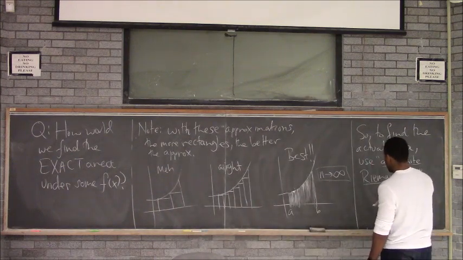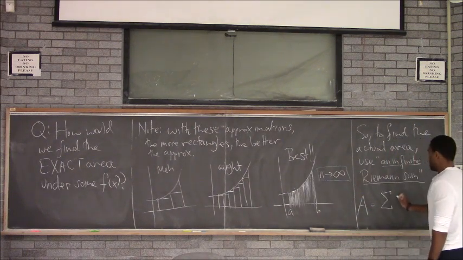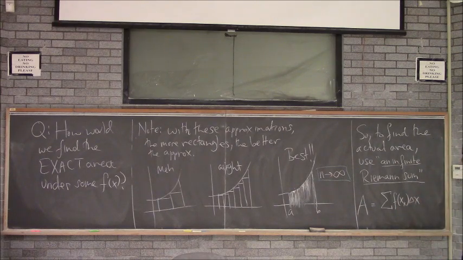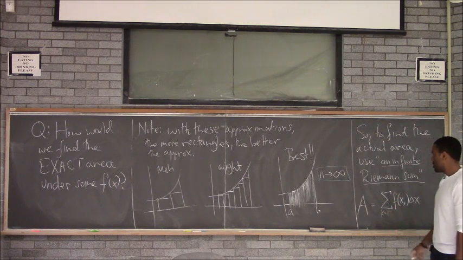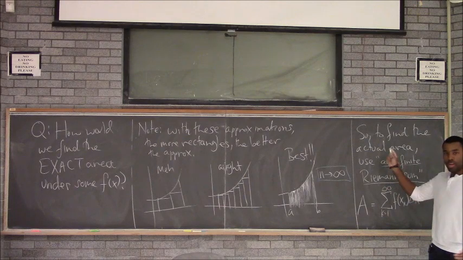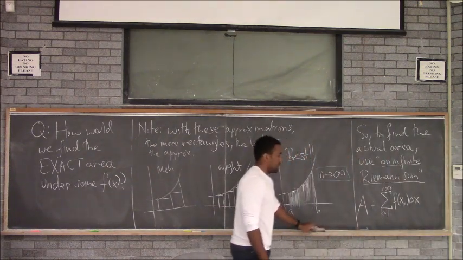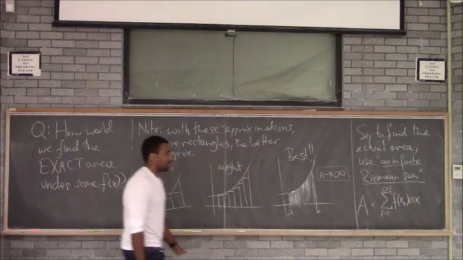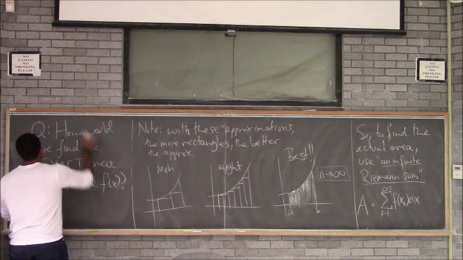So basically the area is going to be equal to, again, f of x_k times delta x. But now you let your k go from 1 or 0 or whatever to infinity and beyond. And that's how the idea of the infinite sum comes into play here. And we actually know what that is. We actually know how to compute this.